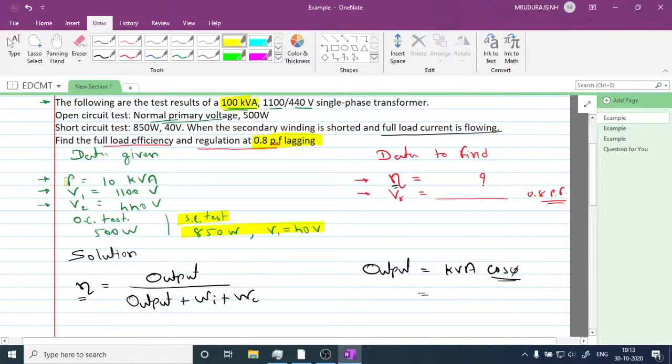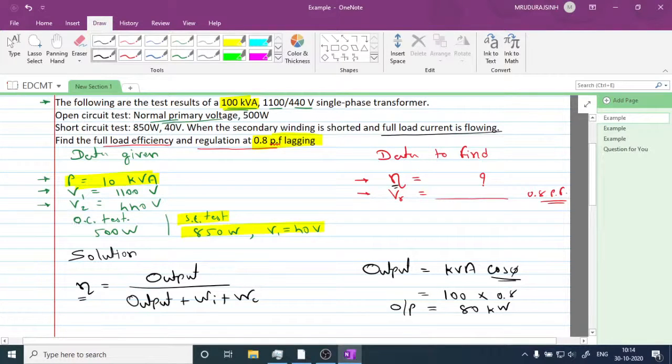We have written over here, it is the full load power rating, right? So it's a 100 kVA transformer and the power factor is 0.8. So obviously it is 80 kilowatt. So the output of this transformer is now known to us, and that is 80 kilowatt.